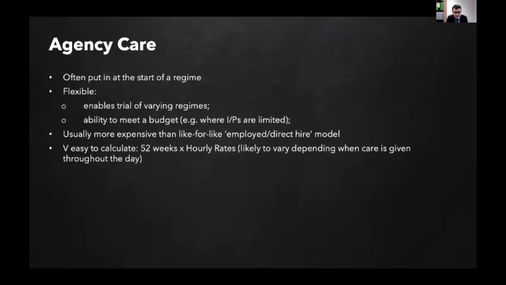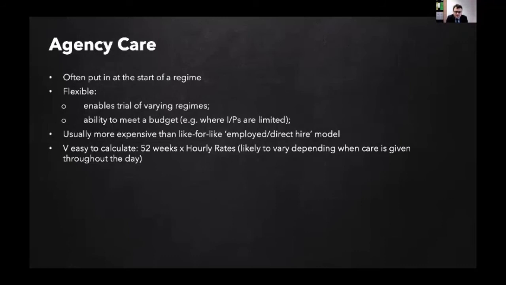It's also really flexible. So that gives you, particularly as a claimant set of solicitors and legal team, the opportunity to try different models, see what works, see what doesn't work with this individual claimant. However, doing that is necessarily very expensive because the agency takes a cut of any hourly rate that the claimant is claiming, with the remainder going to the carers thereafter.